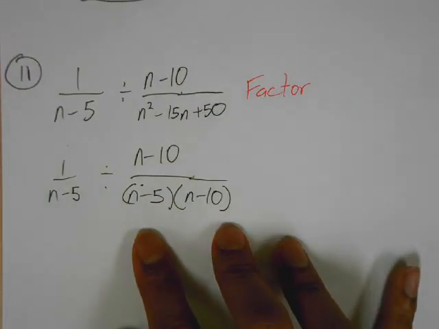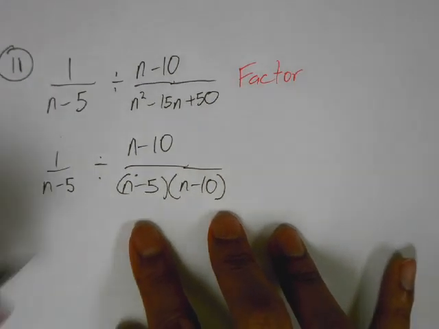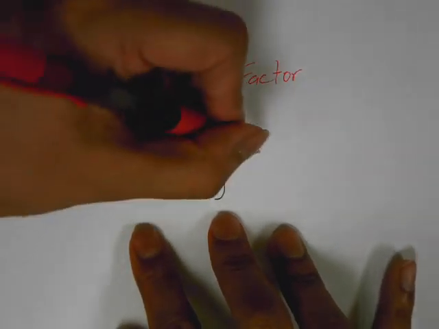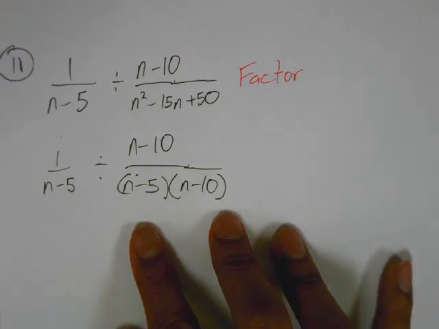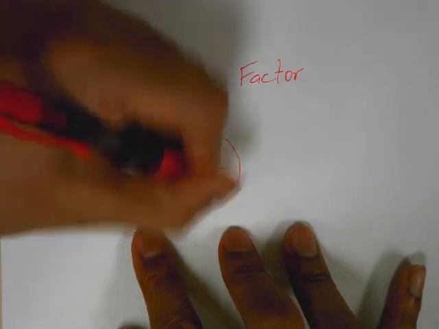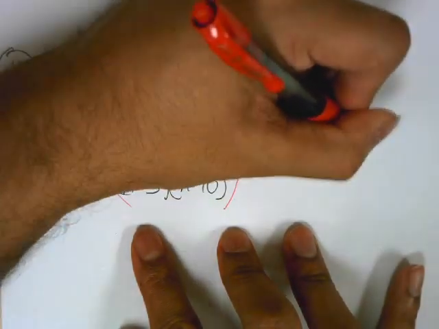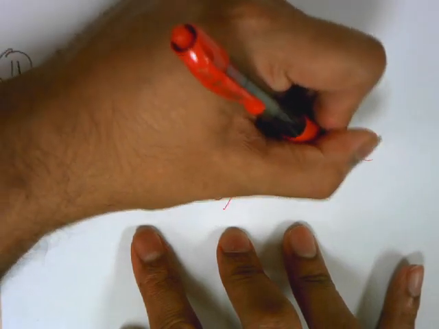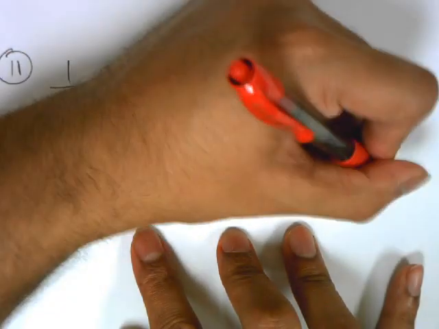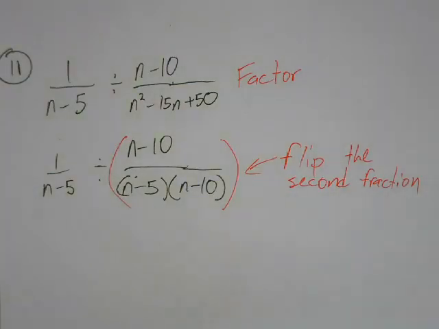Okay, now, once you have this factored, we have to make sure we take this extra step. So this is the only difference between multiplying and dividing. You're going to take this second fraction and you're going to have to flip this second one. So not the sign, but the actual fraction is going to flip over.